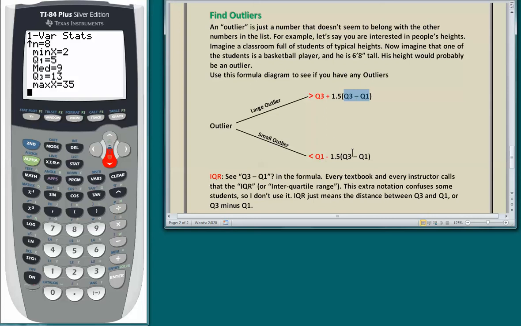So when you see this formula in your book, or when your teacher writes it on the board, instead of saying Q3 minus Q1, it's going to say IQR. It means exactly the same thing. This extra notation confuses some students, so I don't use it. IQR just means the distance between Q3 and Q1, or Q3 minus Q1, and that's what we have here.